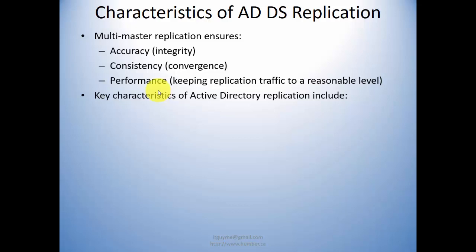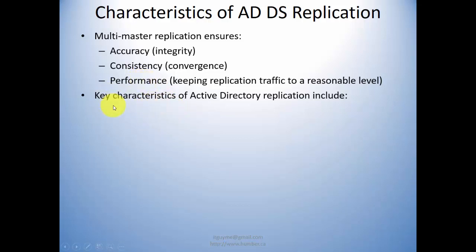From all branches he's able to log in easily because of the multi-master role. Whichever domain controller created his account has replicated it to all the domain controllers, so he gets authenticated from whichever branch he is in.